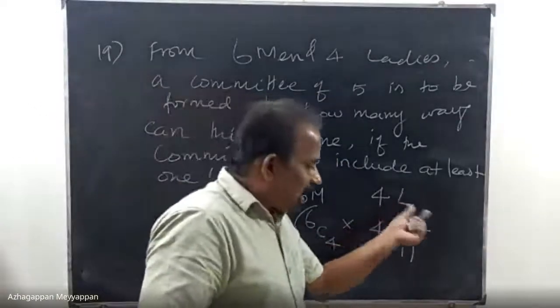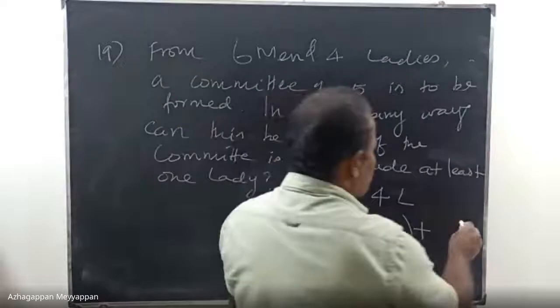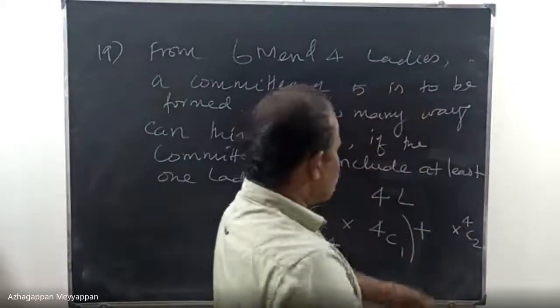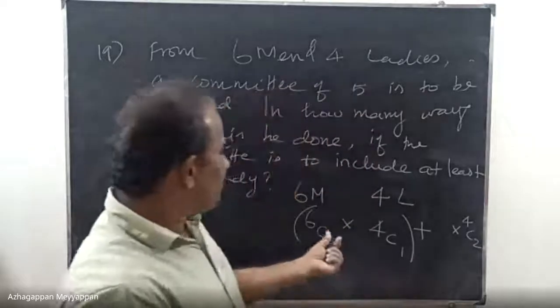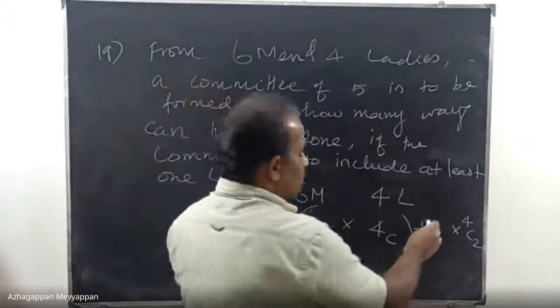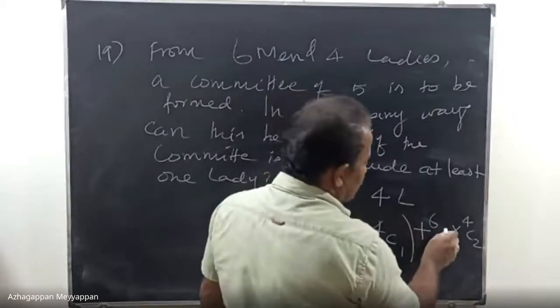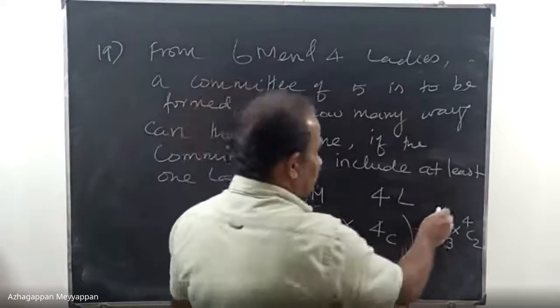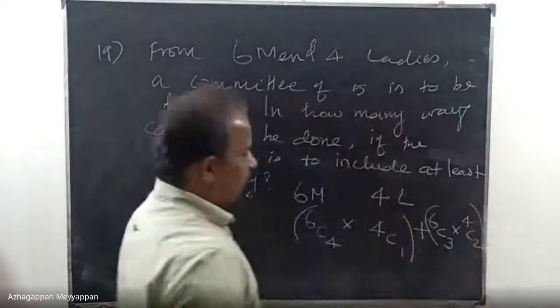2 ladies may be there, at least 1 lady, 2 ladies also may be possible, therefore 4C2, 2 ladies from 4 ladies, then the remaining 3 men we have to take from 6 men, so 6C3 into 4C2.